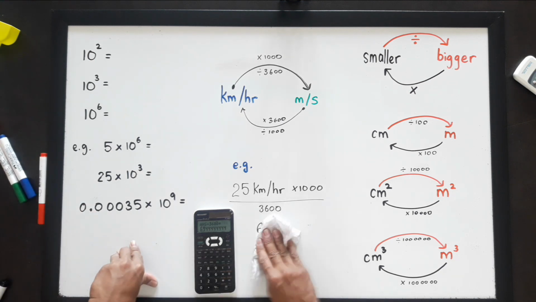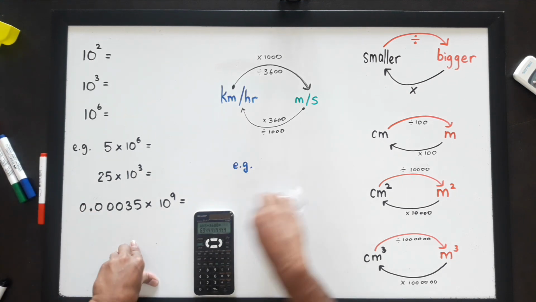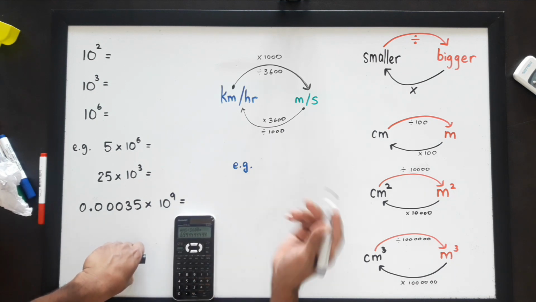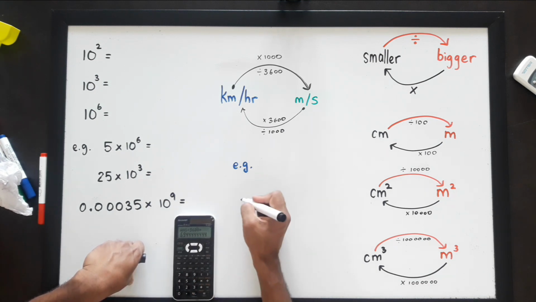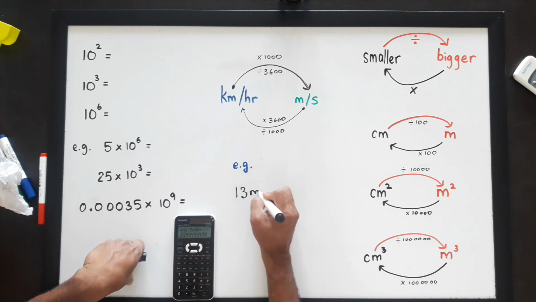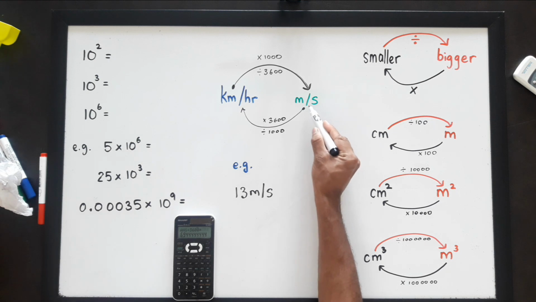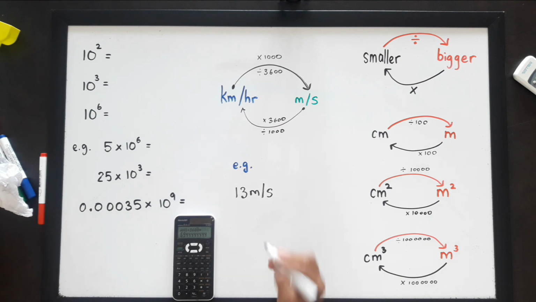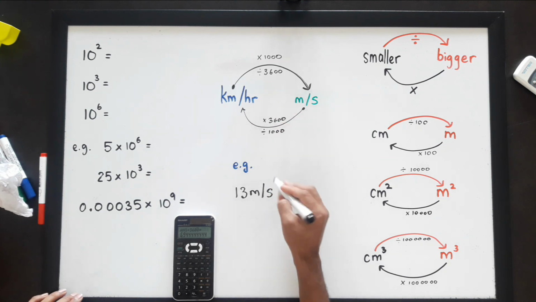Right? And let's do one opposite example. It's pretty straightforward, guys. It's one of the easiest videos that you're going to encounter with me. Let's say you have a car moving at 13 meters per second. And the examiner, for whatever strange reason, wants you to convert it to kilometers per hour. Well, let's just follow these instructions here.